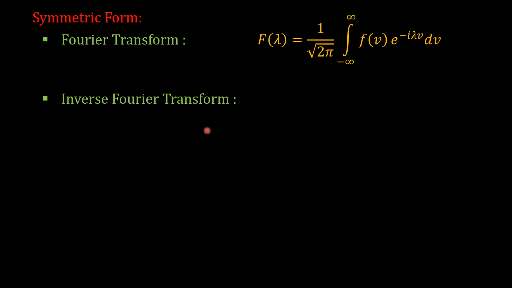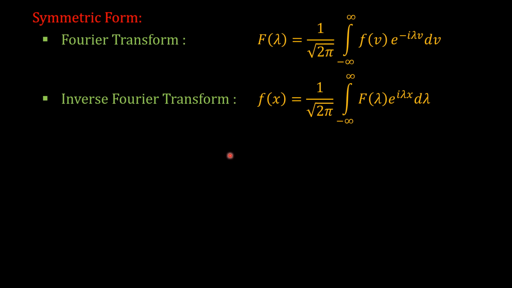And the inverse Fourier transform is given by f of x is equal to 1 upon root 2 pi integration from minus infinity to infinity F of lambda e raised to i lambda x d lambda. So these are the formulas for the Fourier transform and the inverse Fourier transform.